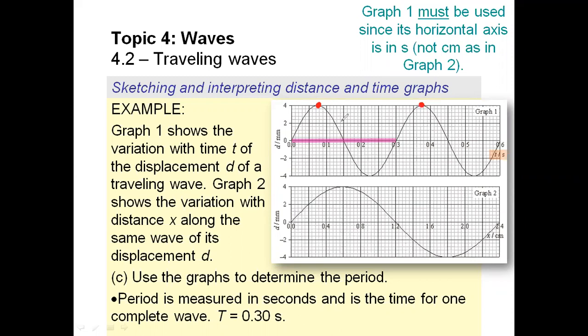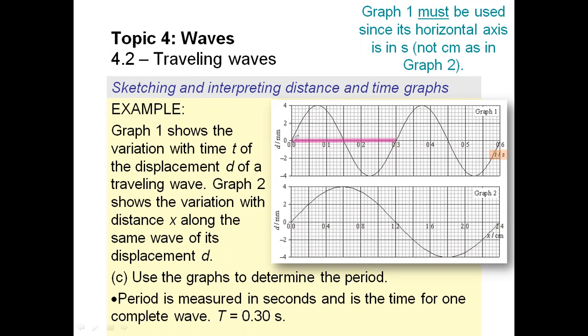If we look at these two values, let's say here, what is the value here? If here is 0.1, but in this way it's not going to be clear, because it's not easy to read values. But again, if you take these two points, it will be the same value. So if you take this one here, it's going to give us again 0.3 seconds. But the easiest way is to look at one complete wave.